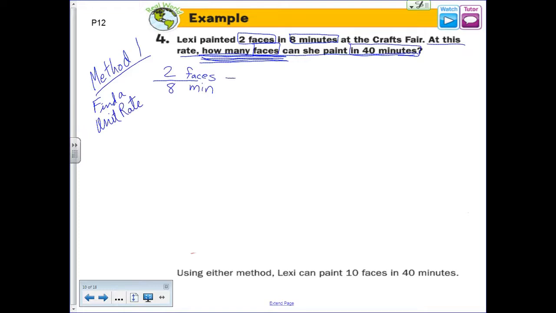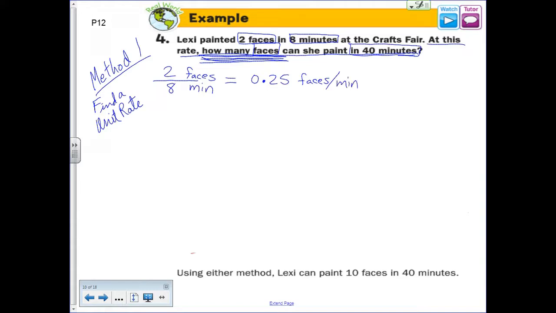So, like I've been doing, I'm going to divide the top number by the bottom number. And when I do that, 2 divided by 8 comes out to be 0.25 faces per minute.